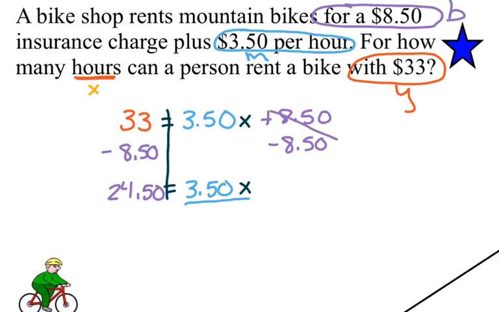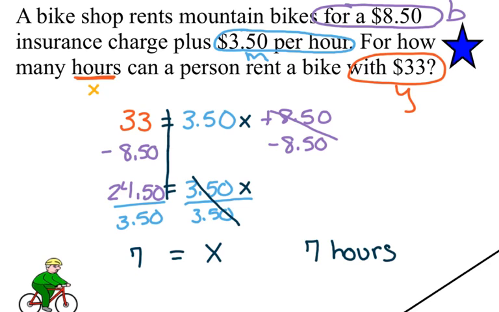Now I need to divide by 3.50. So 24.50 divided by 3.50 is 7. And when we answer a question, we need to answer it with the unit. So this person can rent the bike for 7 hours.